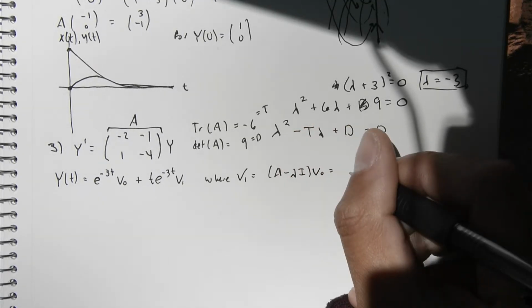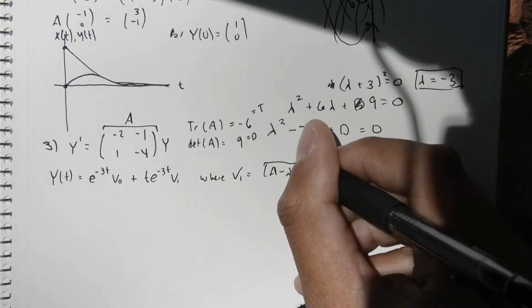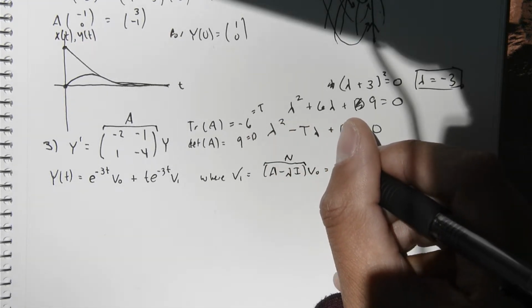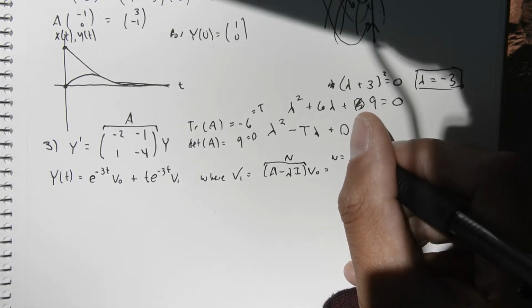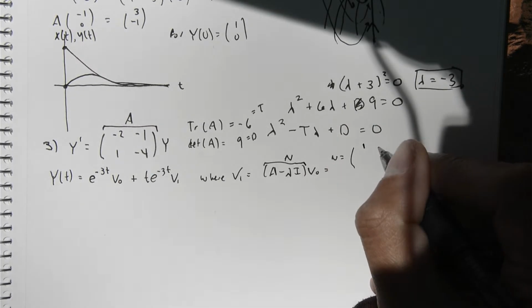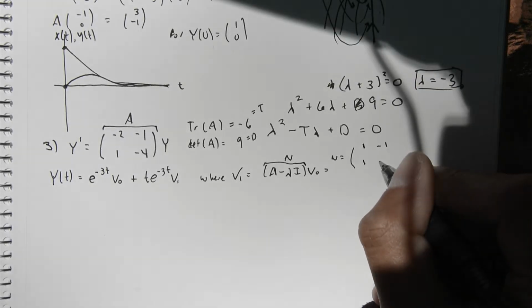I always call this N. N is equal to, so this is going to be plus 3, right? So we're going to get 1, minus 1, 1, minus 1.